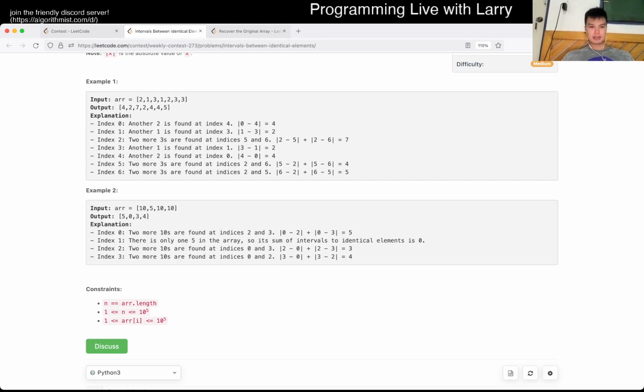How does this work? Huh. I really have no idea so far.